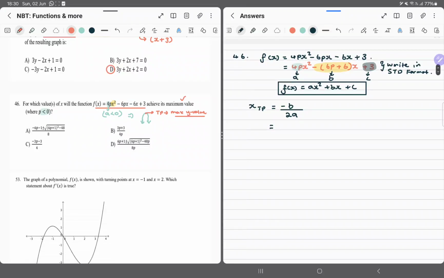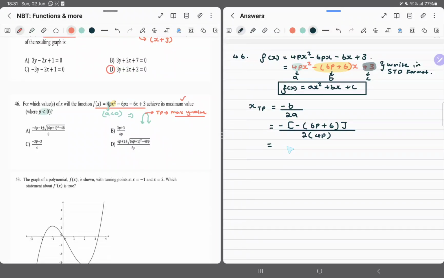Okay, let's go on nicely. This is minus into. Now with complex coefficients, one needs to be very smart about the actions to be taken. Be comfortable using square brackets when necessary. So this is going to be 2 into 4p.